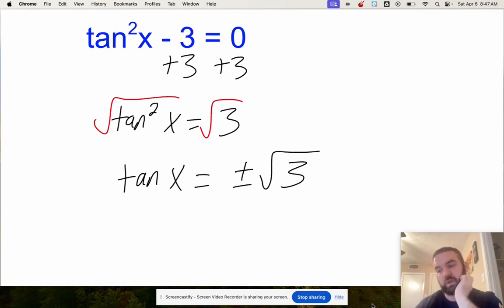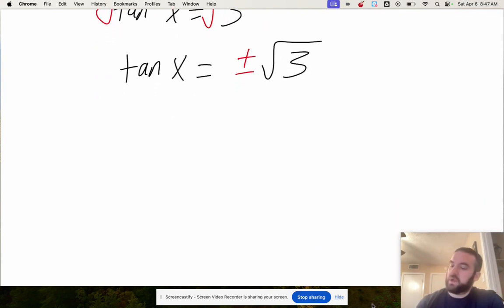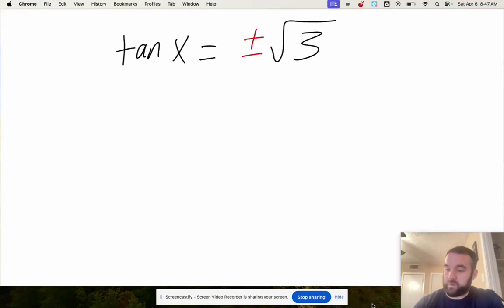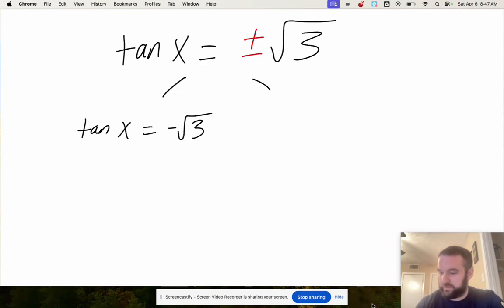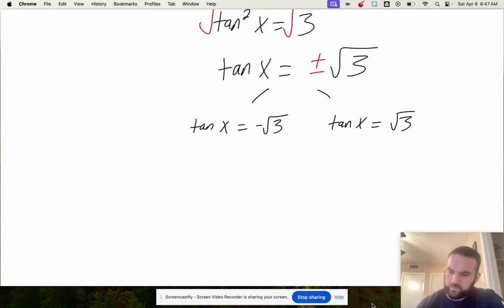I'm going to make this red just to really reiterate that that's why we did the plus or minus. I don't like thinking of this as one big statement. What I'm going to instead do is break this off. I'm going to say, where is tangent x equal to negative root 3, and where is tangent x equal to positive root 3? Okay. Again, I'll go back to the unit circle.